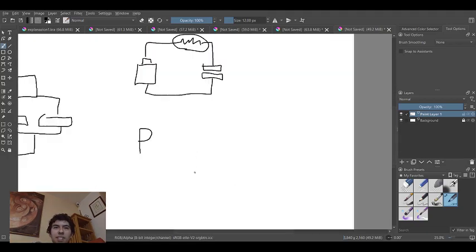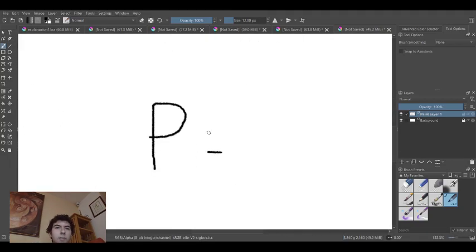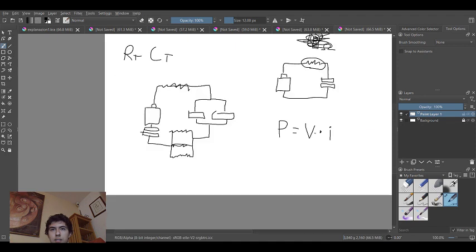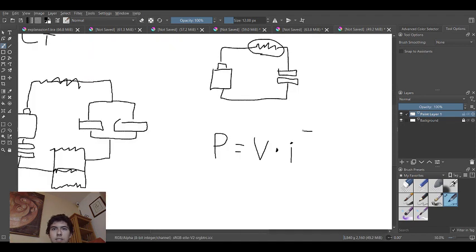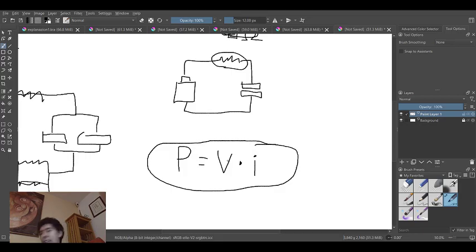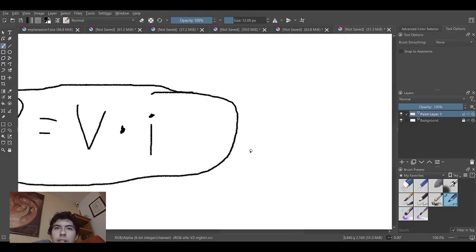It could blow, and that's not good. And the formula for power is voltage times current. And there we go. That's our formula for power. And it derives watts.